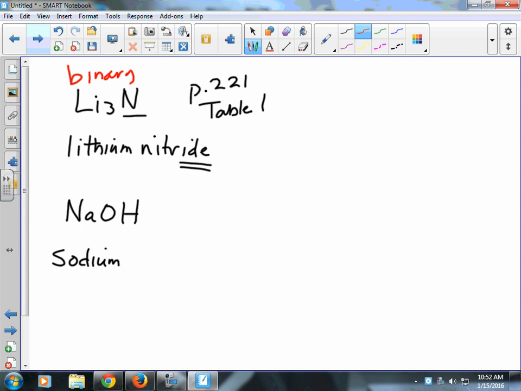So that means this has to be a polyatomic ion. So I look on 226 and I find OH, hydroxide. That's the thing. With the polyatomic ions, you don't change their name. You just write what the name is on page 226. So this would be hydroxide.